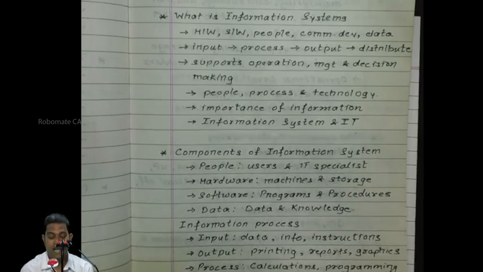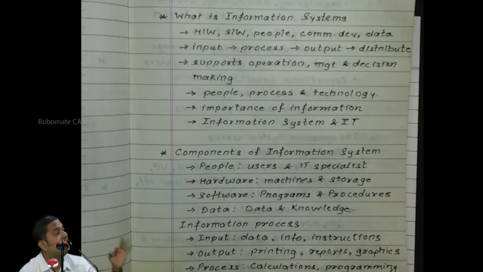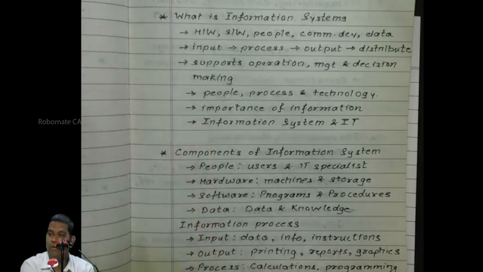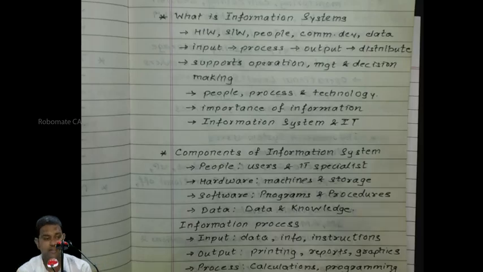Okay, next is hardware. Obviously, you require hardware. Hardware are those physical, tangible components which will help to do your things. So when we talk about hardware, we are talking about a machine. Machine means the first basic thing, the motherboard, what processor you will use, how much memory is required, what will be the various input devices, what will be the various output devices.